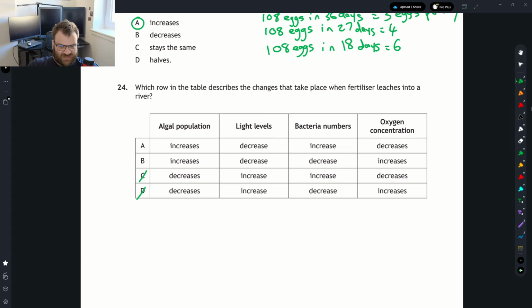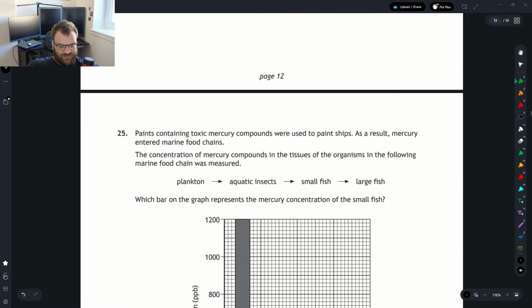Both of them are decreased, so that's fine. Plants will start to die off because they can't photosynthesize, meaning bacteria will start to decompose them, and that will increase the number of bacteria. The bacteria use up oxygen as they're doing this, meaning that the levels go down, and A has to be the correct answer. So eutrophication is what this topic's dealing with there.